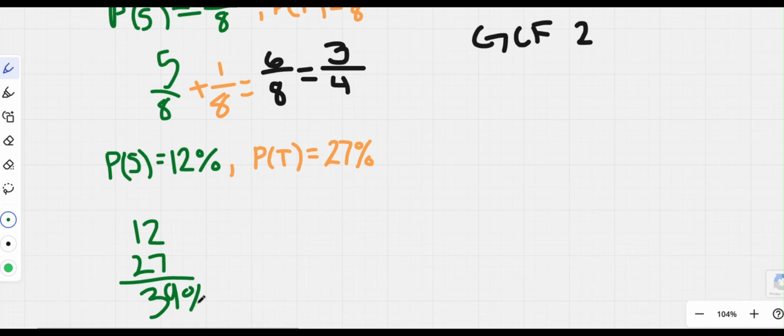That's our answer. So we can write that as P of S or T is equal to 39%.